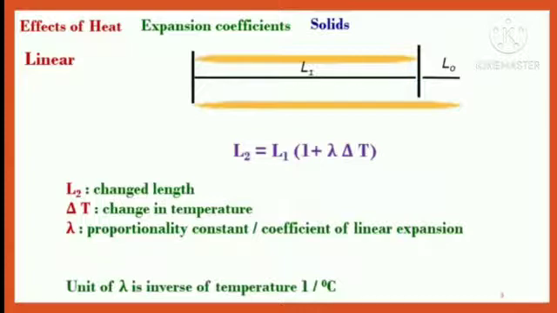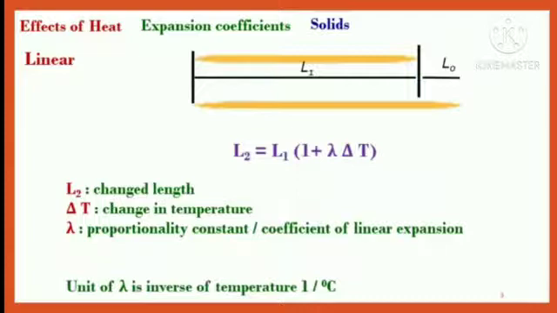The change in length is proportional to the original length and the increase in temperature. Here delta T is equal to T2 minus T1. So we can write L2 is equal to L1 into (1 plus lambda delta T).